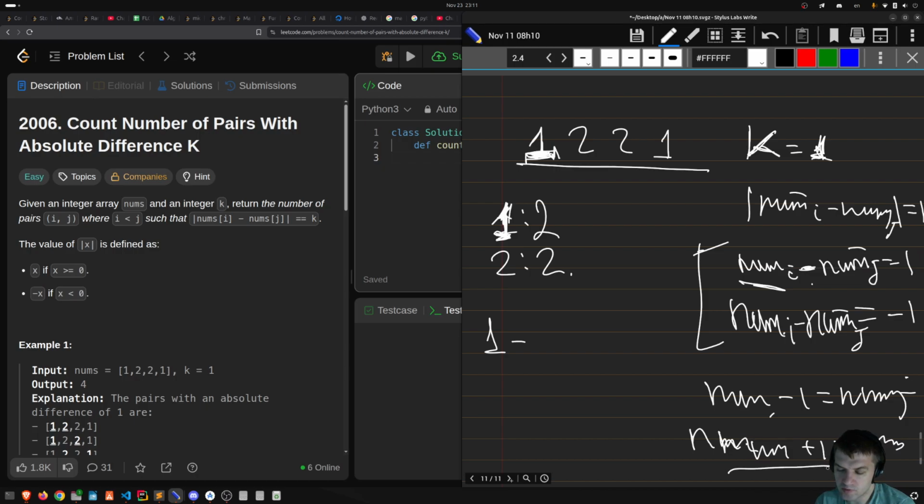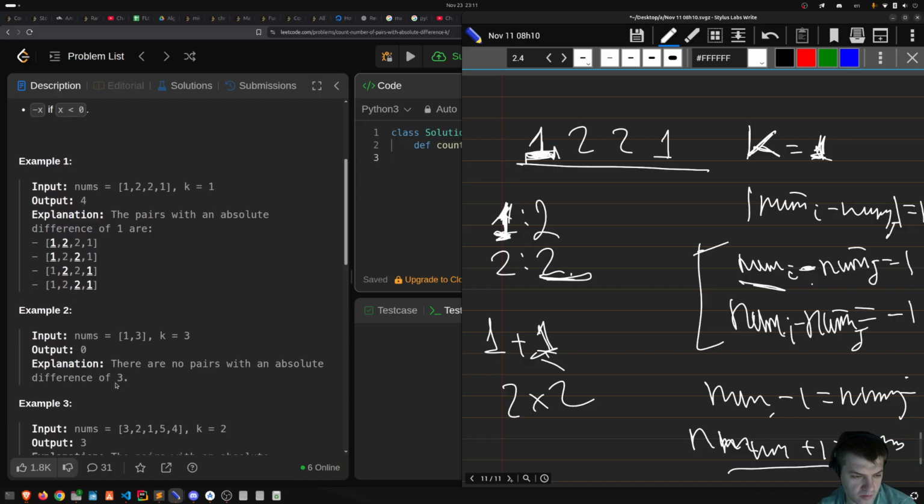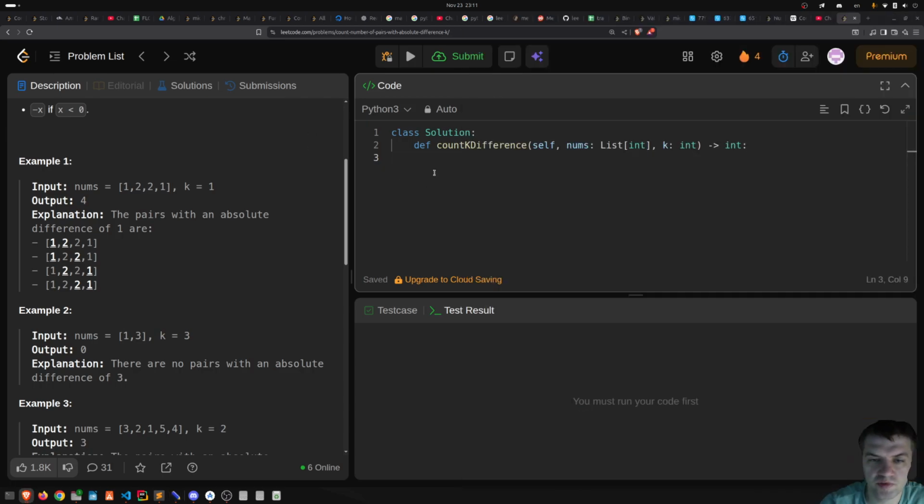So 1 plus 1 is going to be 2, and I have 2 of this. So it's basically 2 by 2. Is it 4? Yeah. So the answer should be something like this.